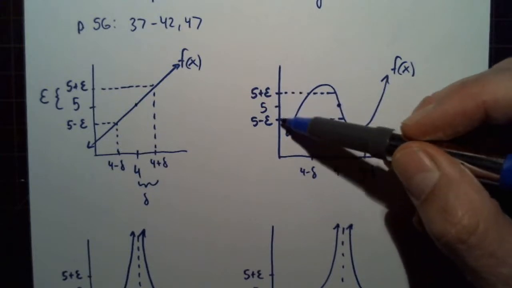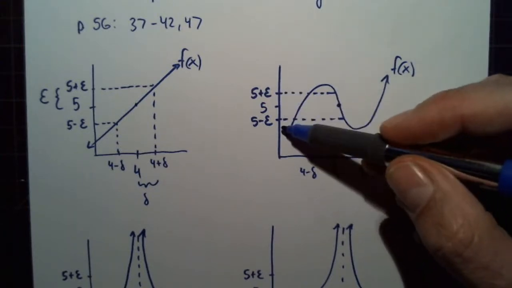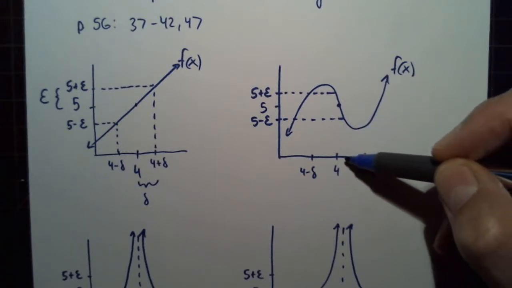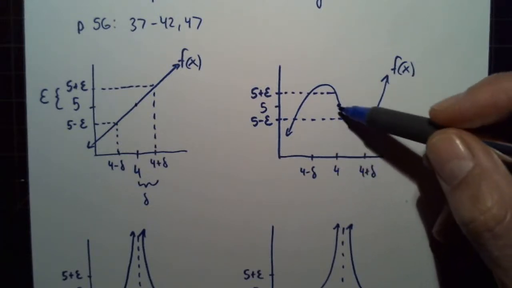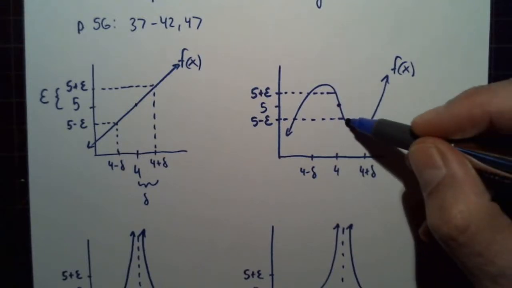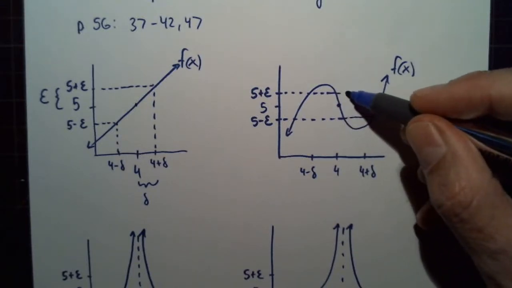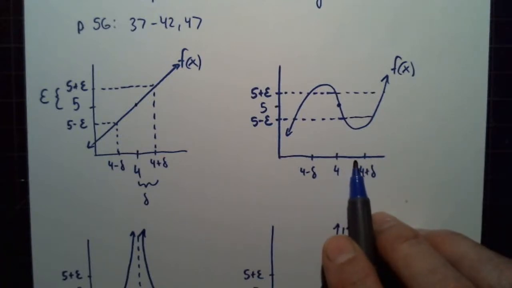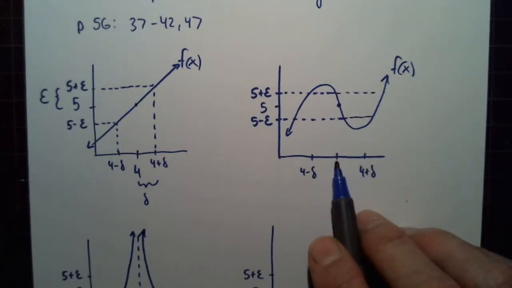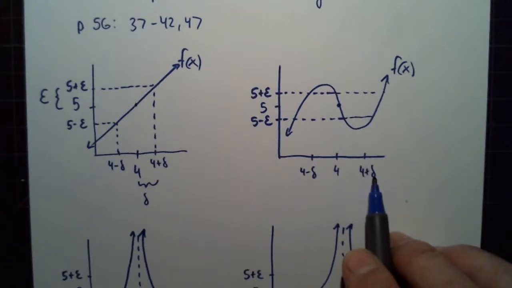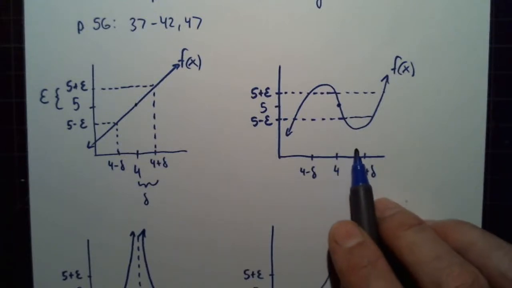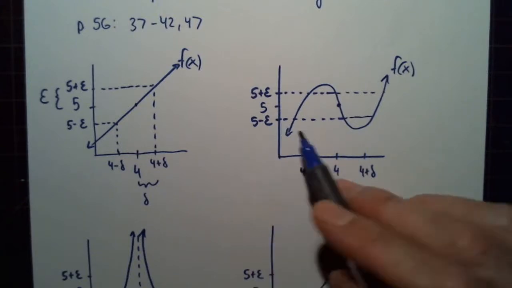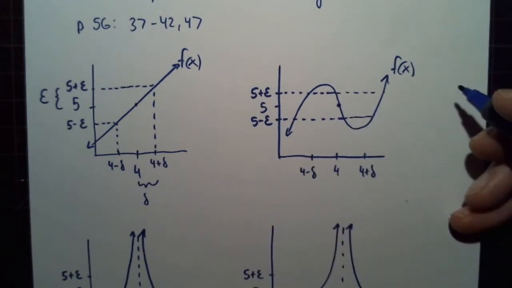So epsilon creates a y interval that every x value that we choose needs to have a y value within. And these even go over here, and we could also say that there are x values that are within delta of 4 whose y value is not within epsilon of 5. It goes beyond that interval.